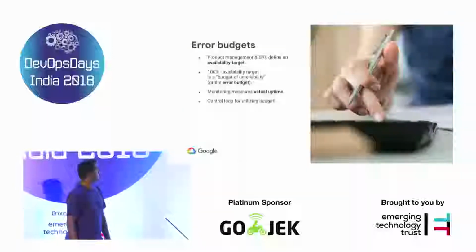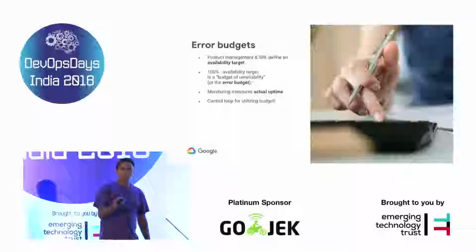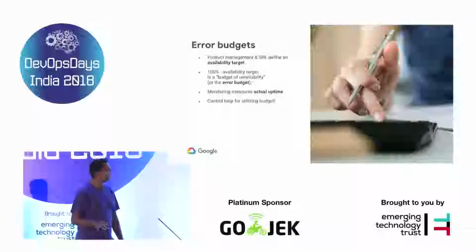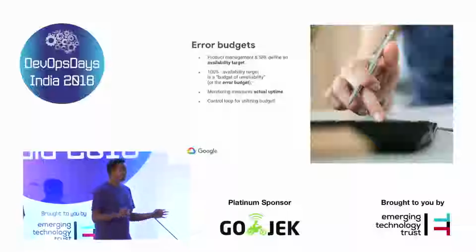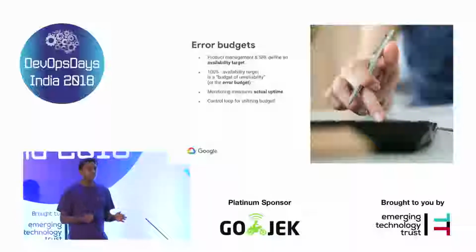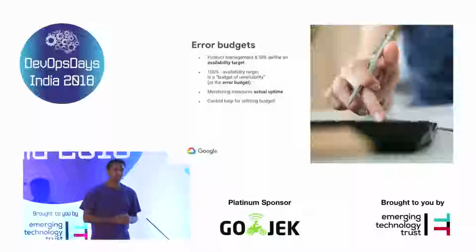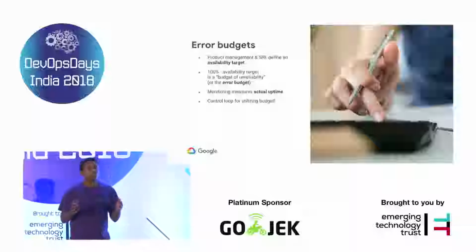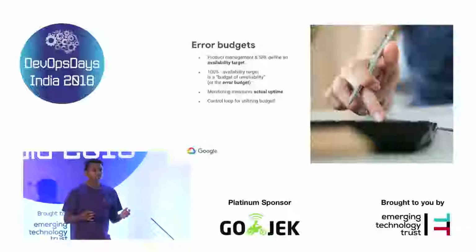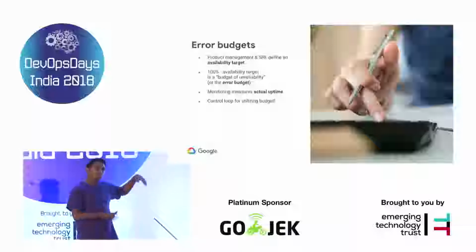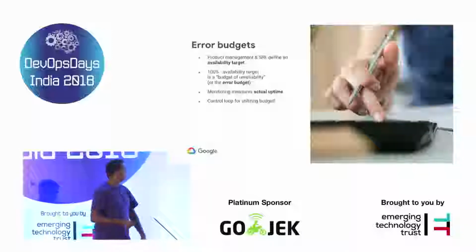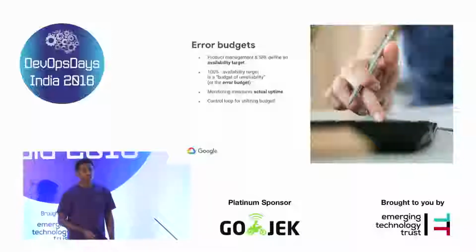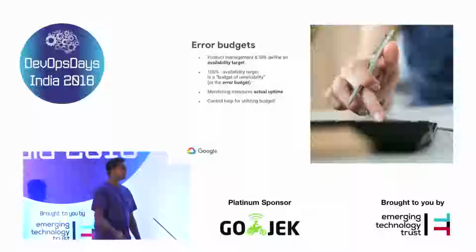Before we get into the benefits of error budgets and how you can optimize them, the product teams and SRE come together and define your availability target. The downtime that we're willing to expect for that availability target, as per the previous slide, becomes your budget of unreliability, better known as your error budget.